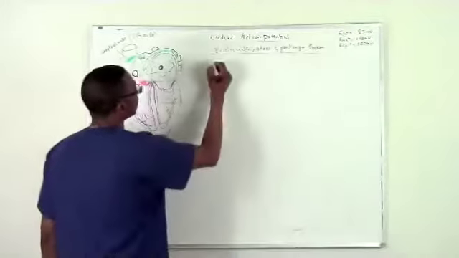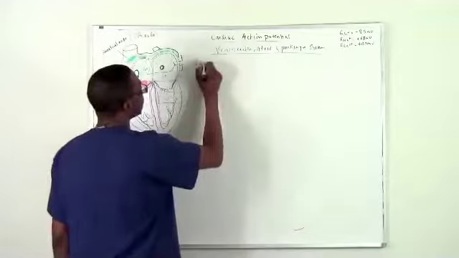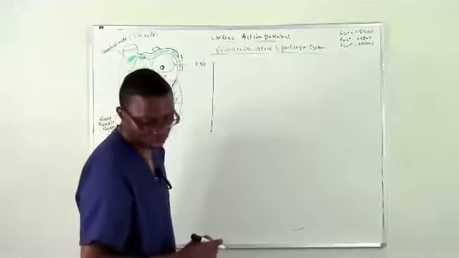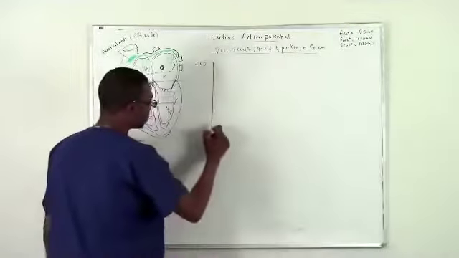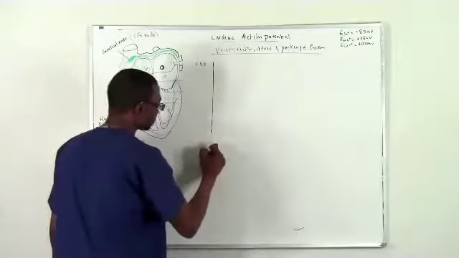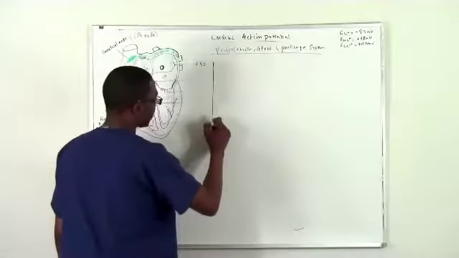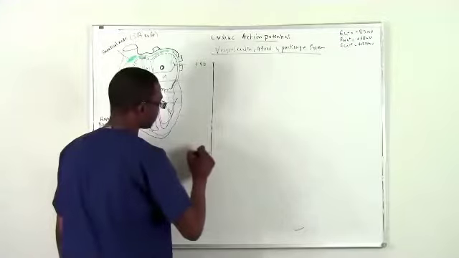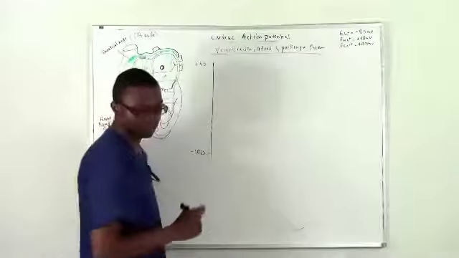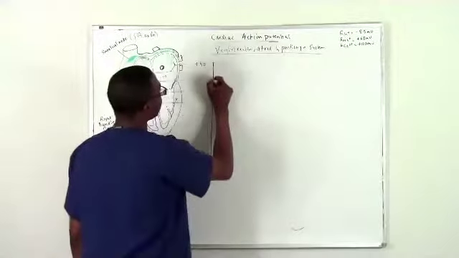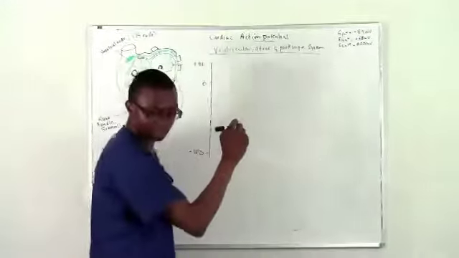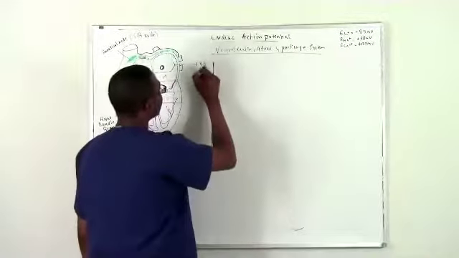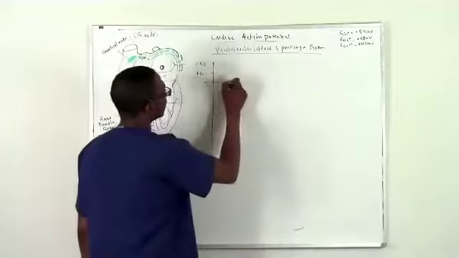Start from positive 40, and we're going to go all the way down to negative 100. Negative 100. And we've got 0 up here, positive 20, and let's draw a line.